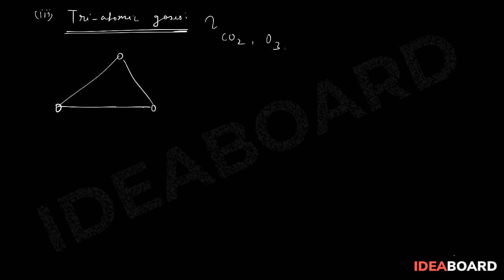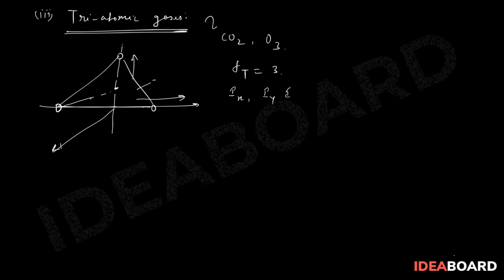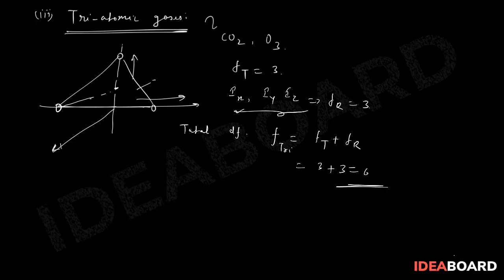So if you define any axes like this, x, y and z, still this overall combination can move in 3 different directions. So F translational will be 3, and if you take this as the center probably, then you will find all moments of inertia: Ix is also there, Iy is also there, Iz is also there. That means F rotational will also be 3. So total degree of freedom F triatomic is F translational plus F rotational, 3 plus 3, which is 6.